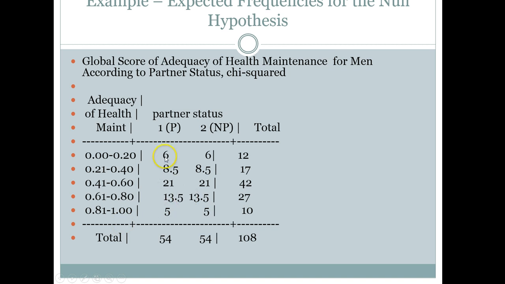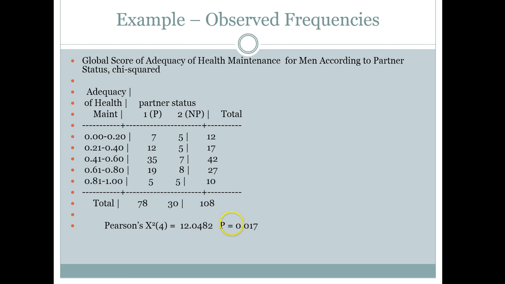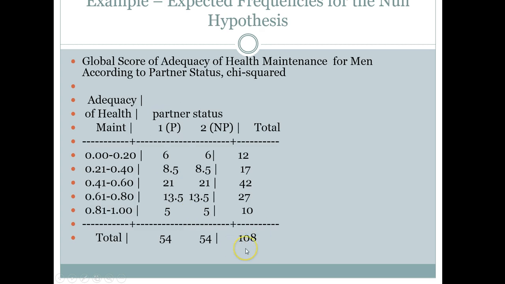So you can see there's 6 and 6, 8.5 and 8.5, 21 and 21, 13.5 and 13.5, 5 and 5, and you still get the same total of 108. So remember the total here for my observed frequency is 108. You also have 108 total for the expected frequencies.